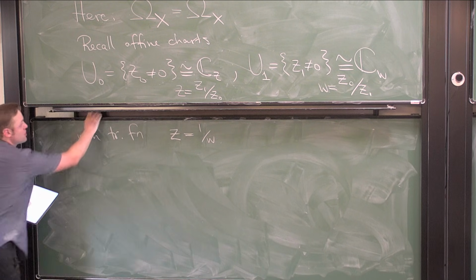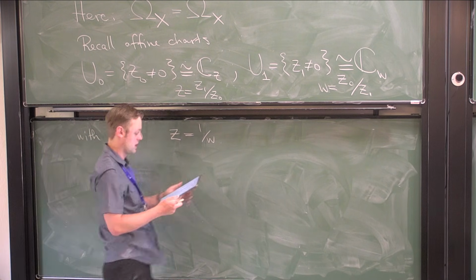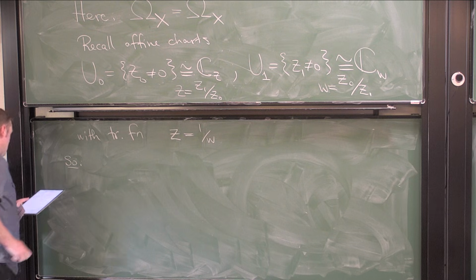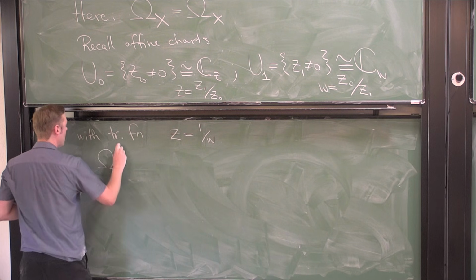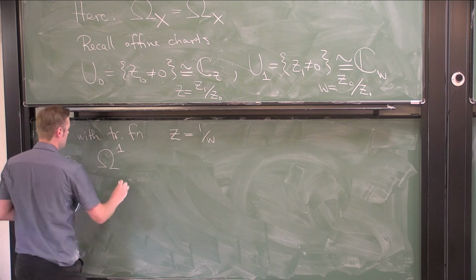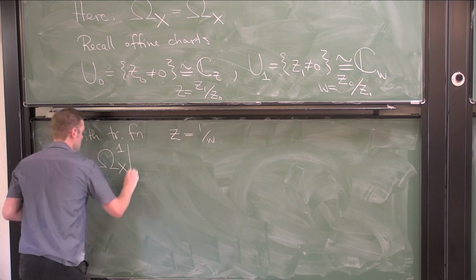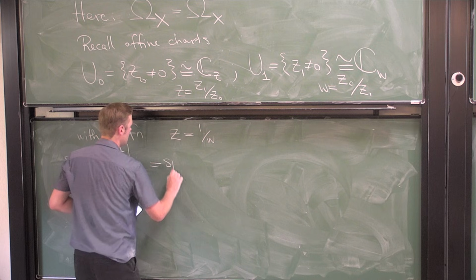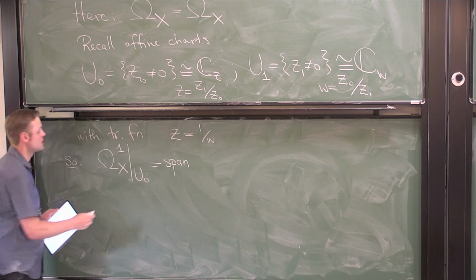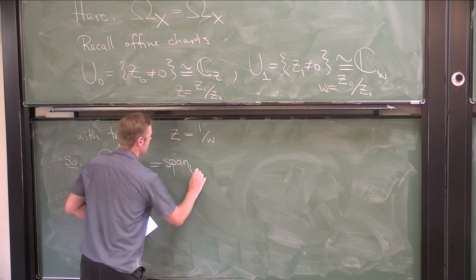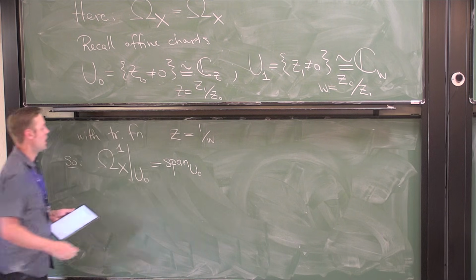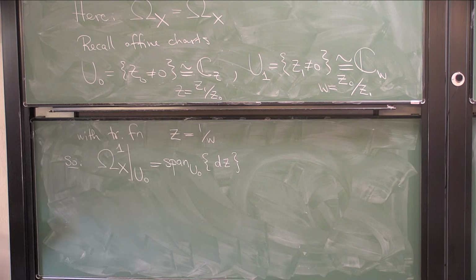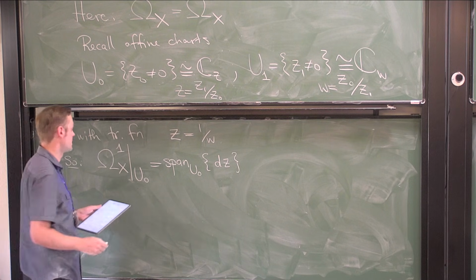Now let me try to describe the canonical bundle, which is the cotangent bundle, locally over these two charts. Omega 1 X restricted to U0 is just the span, over functions locally defined on U0, of the obvious holomorphic differential dz, which comes from the local coordinate z.